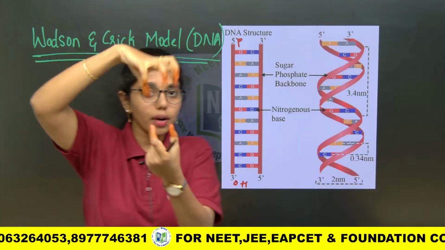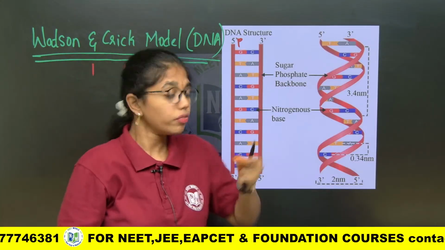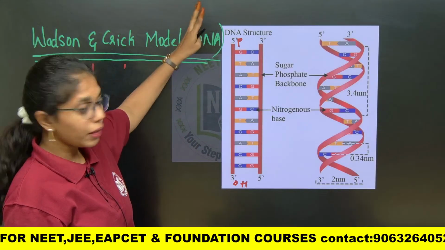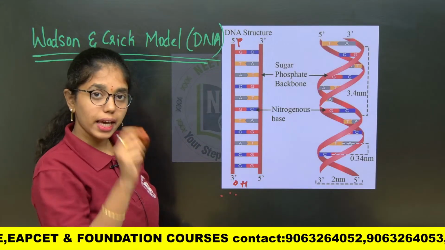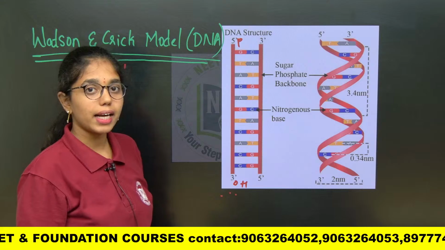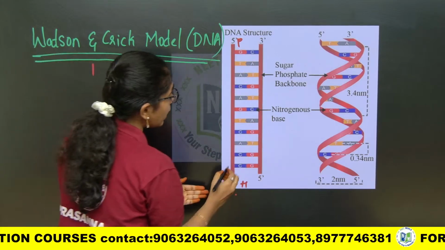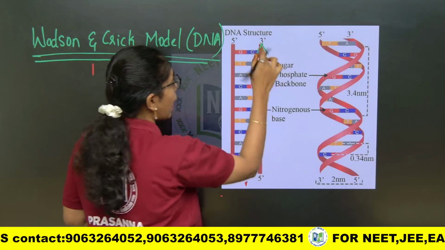As two nucleotides are connected through third carbon, fifth carbon, at 5 prime the phosphate will be free, and at 3 prime the OH group will be free. This will be there for each and every polynucleotide chain, but in a double stranded DNA, two chains will be running anti-parallel to each other.